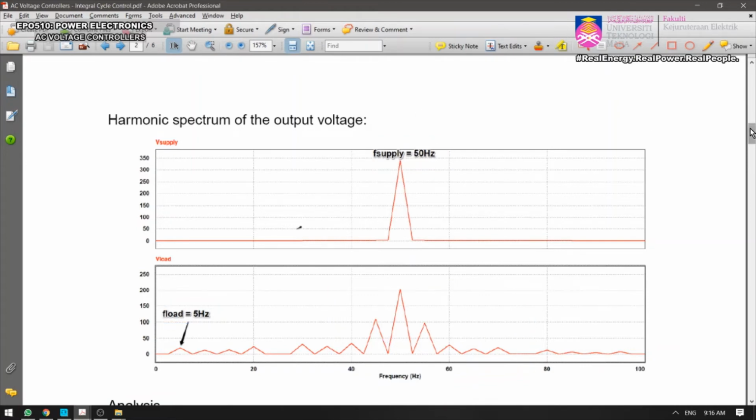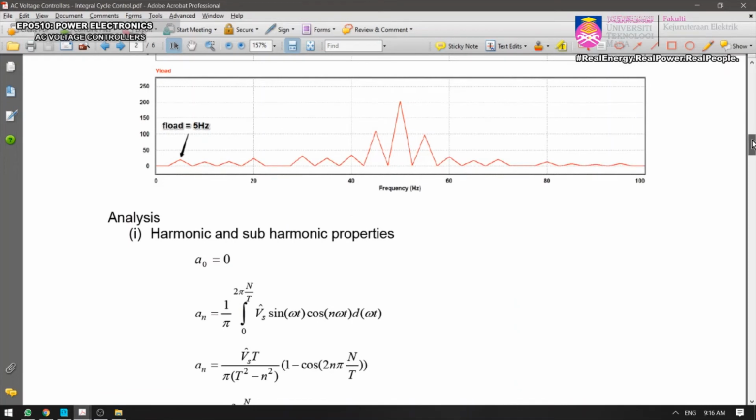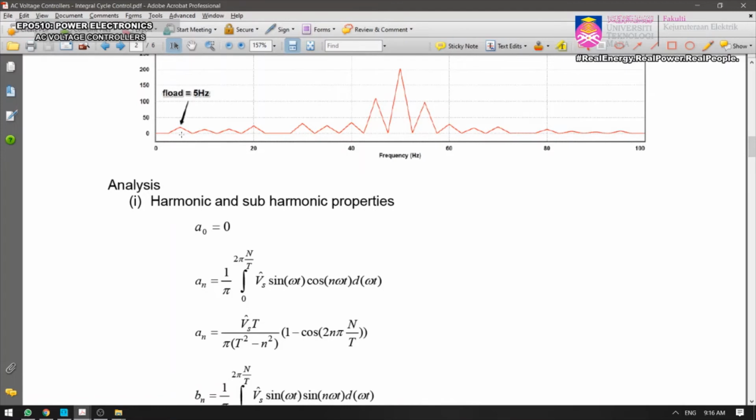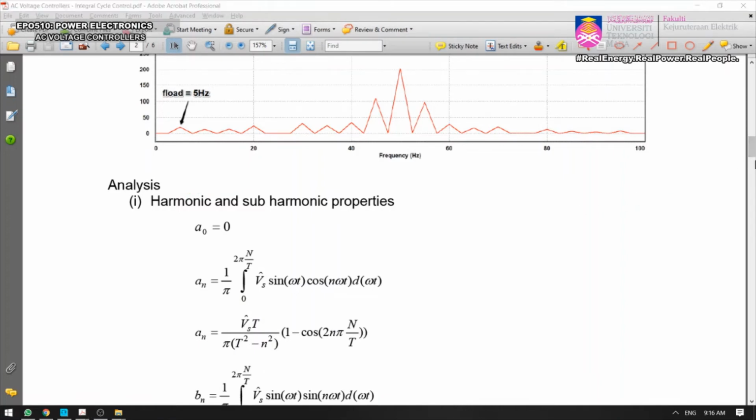Okay, so now next, for the harmonics, of course you want to look at the harmonics. If you want to find the C1 for the output, which is at 5 Hz, then you can look at this equation, the derivation for the Fourier analysis, A1, AN, and then you perform the BN.